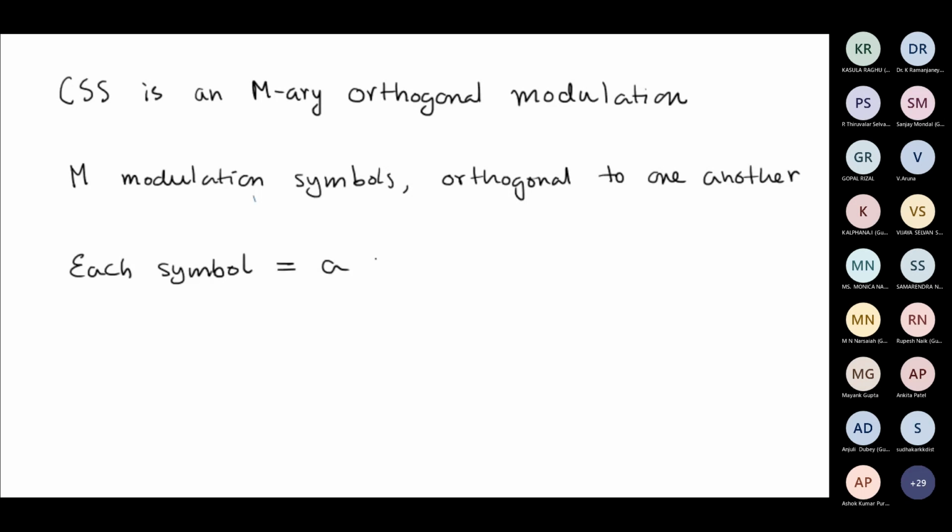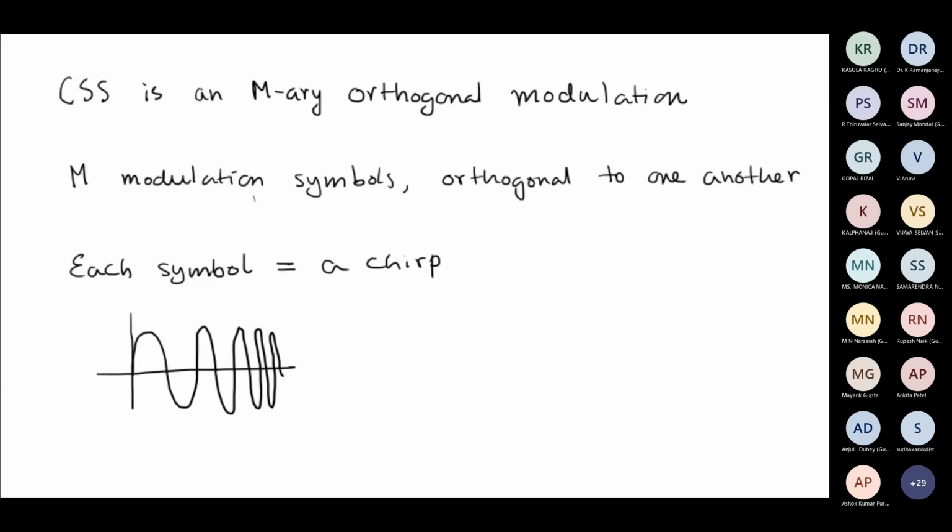It is a chirp. And how does a chirp look like? A chirp essentially is a sinusoid whose frequency varies with time. So a typical chirp might be starting with a certain frequency, and its frequency gradually increases.